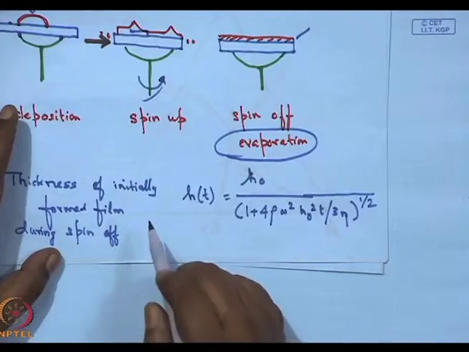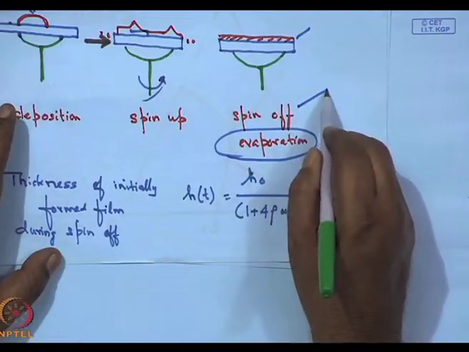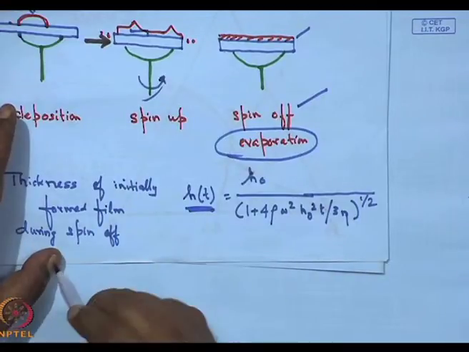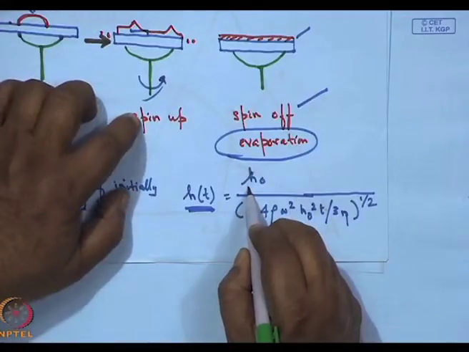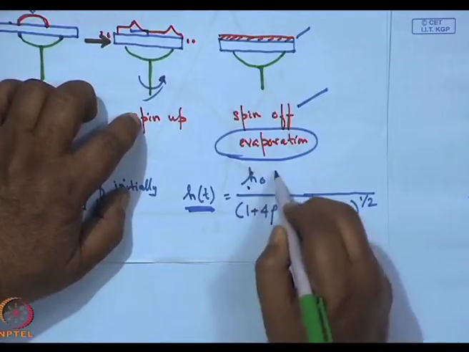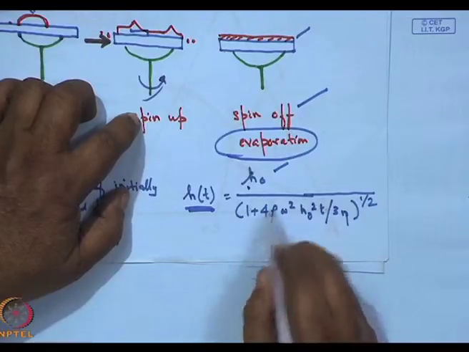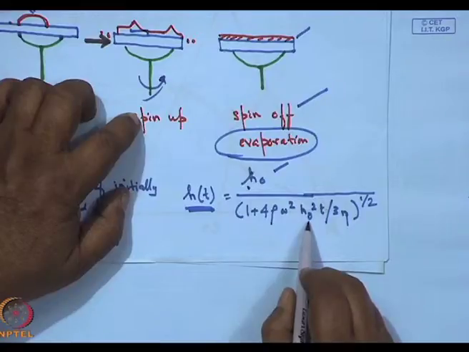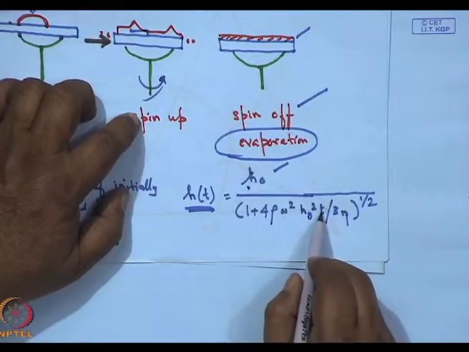The real thickness that we can control is up to the spin off. So, here the value of H is after the spin up, what was the thickness, that is H0: H equals H0 divided by the square root of 1 plus 4 rho omega squared H0 squared t over 3 eta, where rho is the density, omega the angular velocity, H0 the original thickness, and t the time.